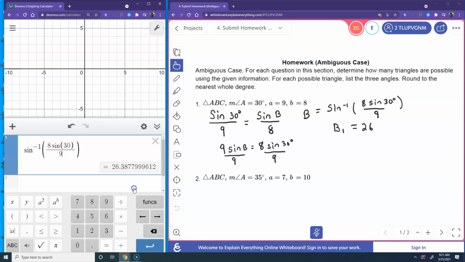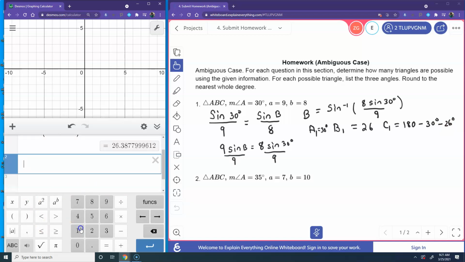26. So we have the possibility of A1, which is 30. B1 is 26. And then to find angle C, we have 180 minus 30 degrees minus 26 degrees, right?